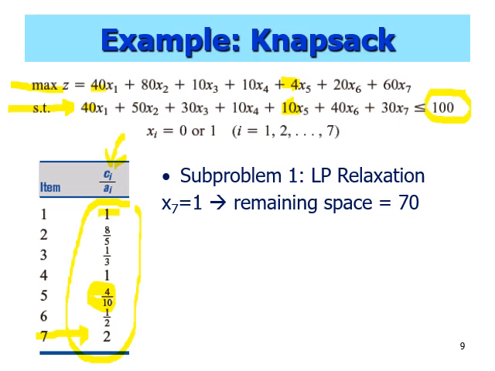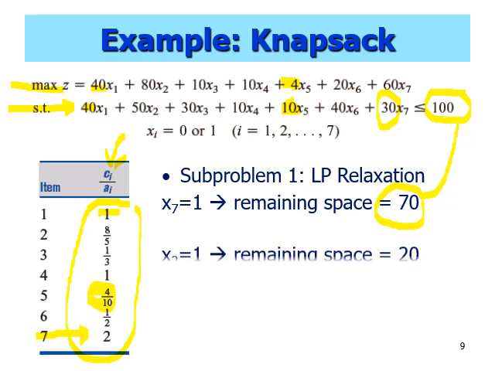Now you put item 7 in your knapsack, you check how much remaining space you have in your knapsack. So item 7 consumes 30 of the capacity. So now from the original space 100, it goes down to 70. Next, you try to find the second item with the second highest ratio of Ci over Ai.